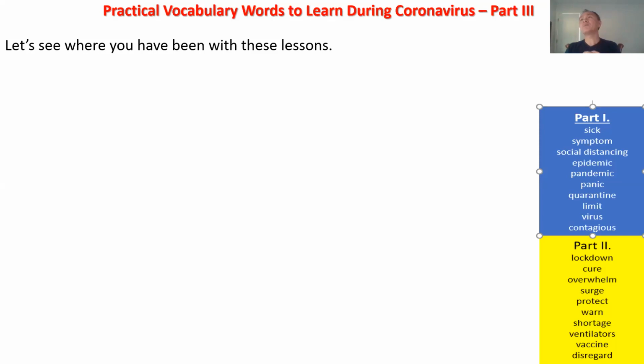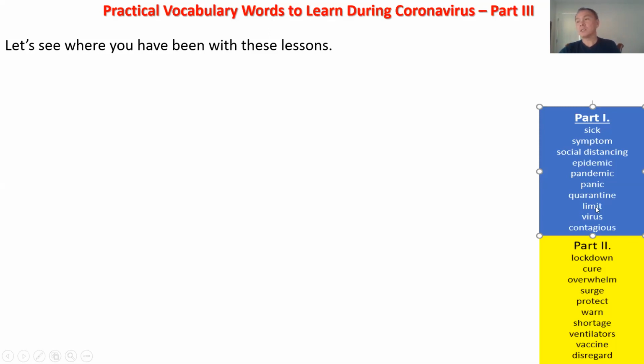When we have something wrong, we tend to worry, we tend to feel sad, we tend to react quickly. So that is a panic. Now, because we have an epidemic, because we have a pandemic, governments often ask people to go to a certain place, to isolate themselves, to treat themselves, to prevent themselves from spreading new diseases. So that's called quarantine.